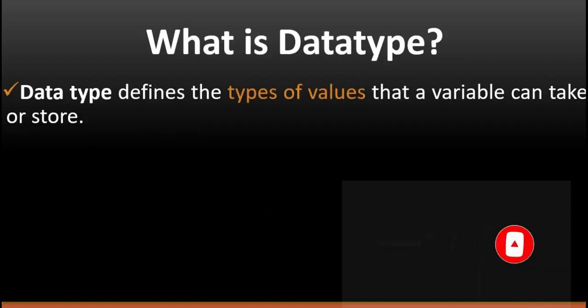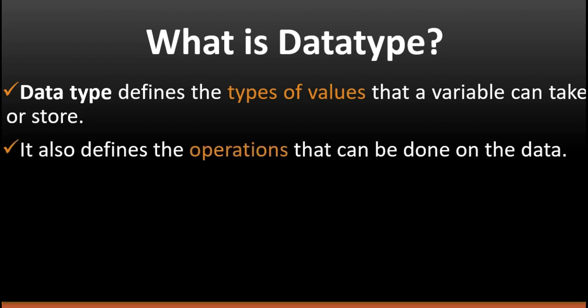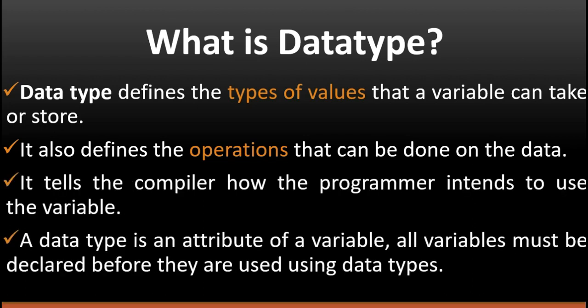What is a data type? Data type defines the type of values that a variable can store or take. In any programming language, whatever operation you want to perform, for that you need some data. So how to define that data? By using data type. If you want to declare a variable, at that time also you need a data type.